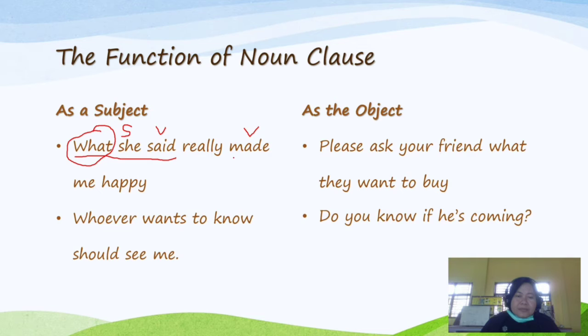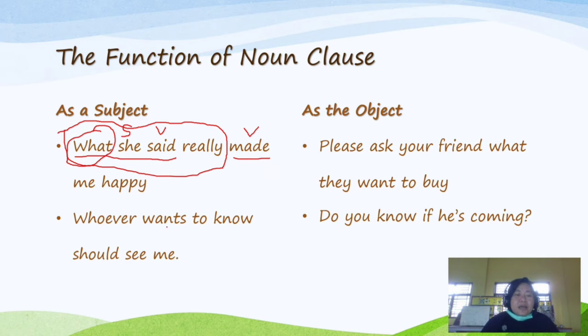And how about made? Which one is the subject? The subject is the whole part of this noun clause. We call this the subject of made. So you see, in this sentence, the noun clause what she said is the subject of the verb made.